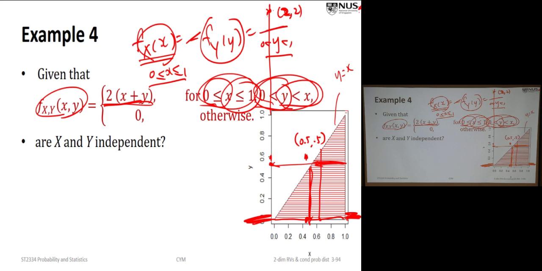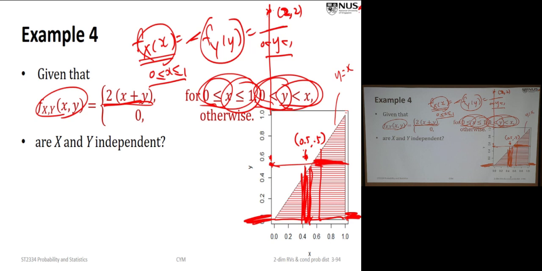Like in my example, I take 0.6 and 0.8, or just now I take 0.5, 0.5. At all these points the joint PDF equals 0. So the idea is like this. I take this point. Obviously, the joint PDF is 0. But for this point, the f of x, you sum up all the density here, so it's non-zero. Similarly for the y, because this part you sum up is also non-zero. So the product of two non-zero values cannot be 0. Therefore, it must be dependent.